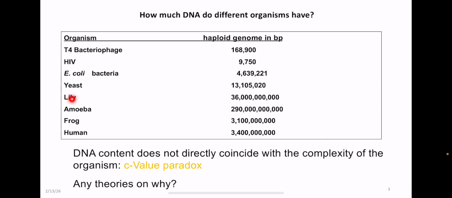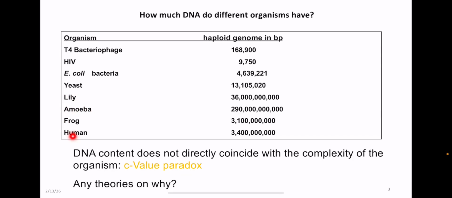There is something called the C-value paradox. This states that the DNA content of an organism does not directly coincide with the complexity of that particular organism. So having plenty of DNA does not mean your genome is going to be more complex than another organism with less DNA. An example is comparing amoeba and humans.